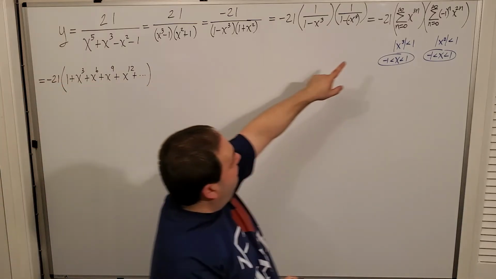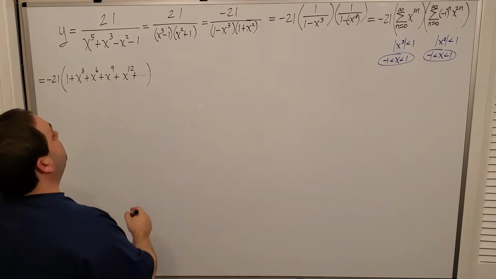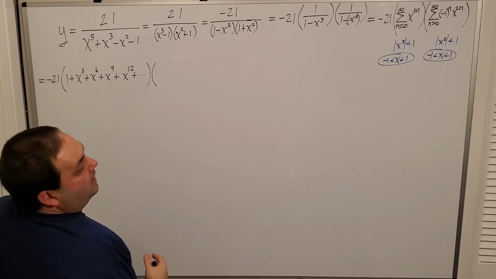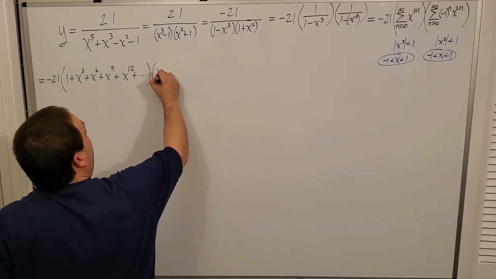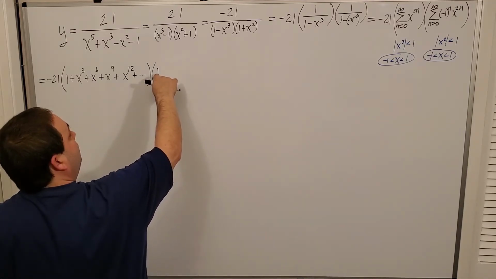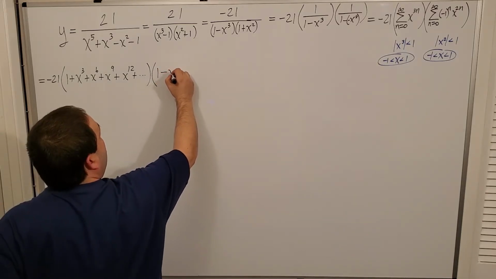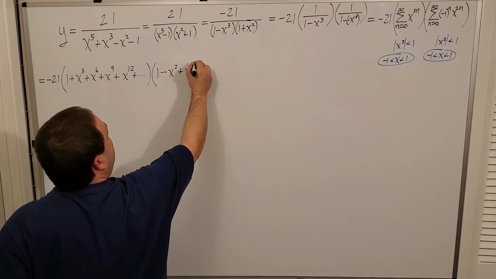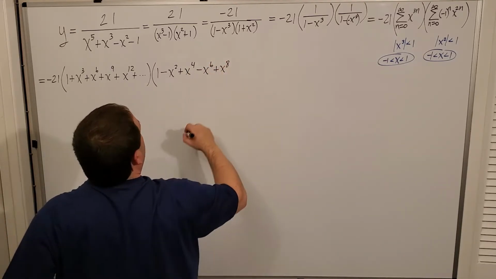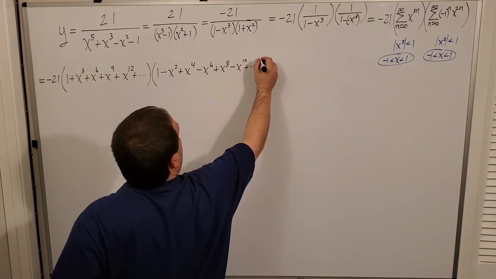It goes up by 3 every time: 1 times 3, 2 times 3, 3 times 3, 4 times 3. And the next one is just alternating, and the power goes up by 2 every time. When n is 0, negative 1 to the 0 is 1, so I've just got positive 1. But then it alternates, so minus x squared plus x to the 4th minus x to the 6th plus x to the 8th minus x to the 10th, and so on.